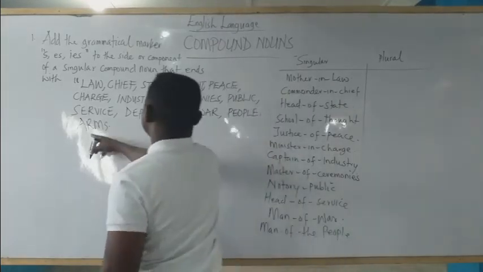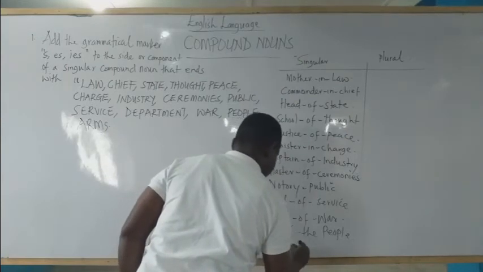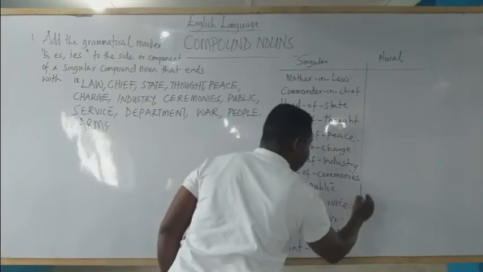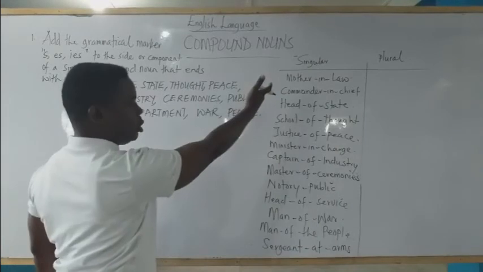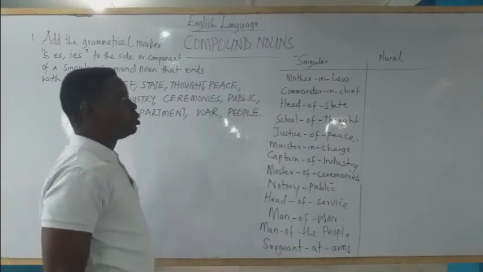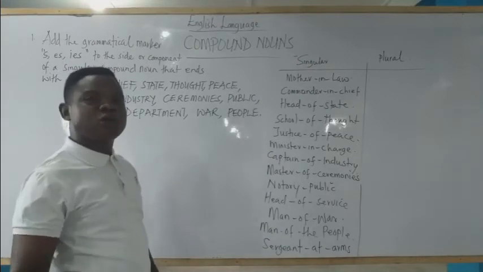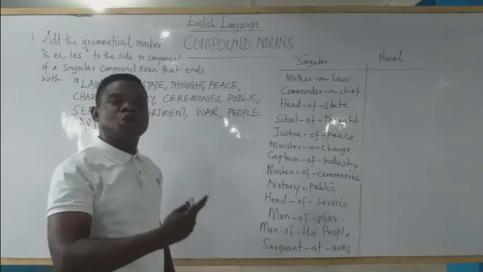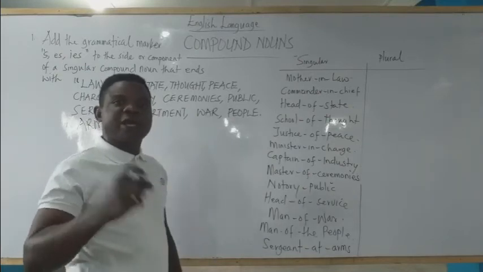We have arms: example of arms, sergeant at arms. These are what? Singular compound nouns. The following written on the board, they are what? Examples of singular compound nouns. Why are they compound nouns? Because they are words formed by joining two or more components of words with what? The use of a hyphen.